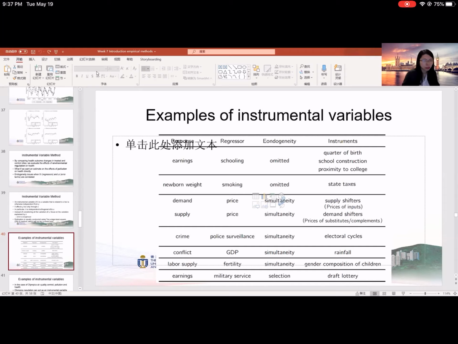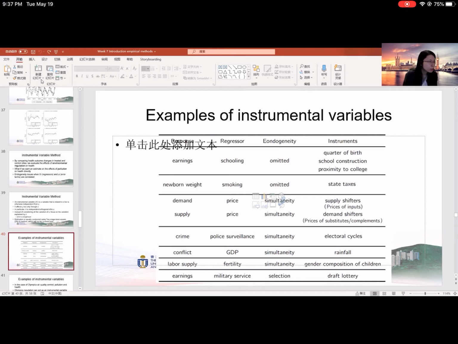But you can't imagine parents trying to time the birth of their kids around the schooling year. But there might be some. But they are much less of a concern than other types of selection. So that's the rationale of using quarter of birth as a determinant of variation in schooling, trying to isolate the part of variation in schooling to explain variation in earnings.